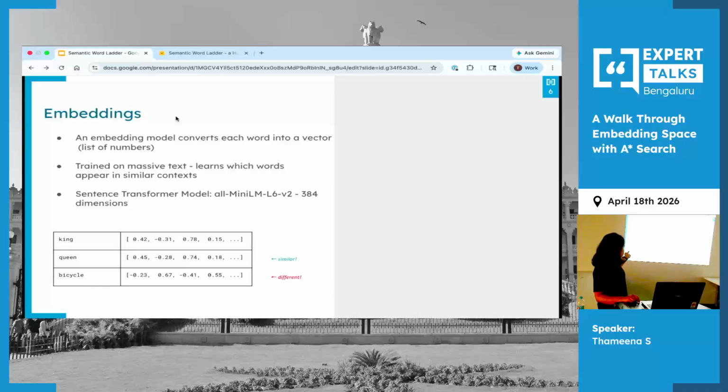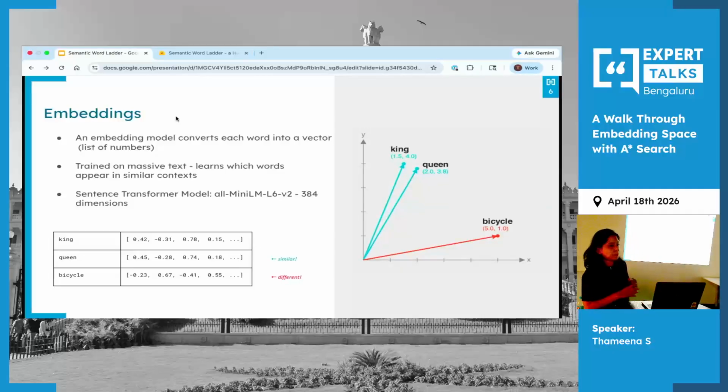And if you look at the numbers of king and queen here, for example, they are 2 words used in similar context, right? And the numbers that are generated are actually close to each other as well. So if you try to represent this on a 2D graph, I know you can't plot 384 dimensions on 2D space, but hypothetically, if you assume it has only 2 coordinates, the graph would look something like this.